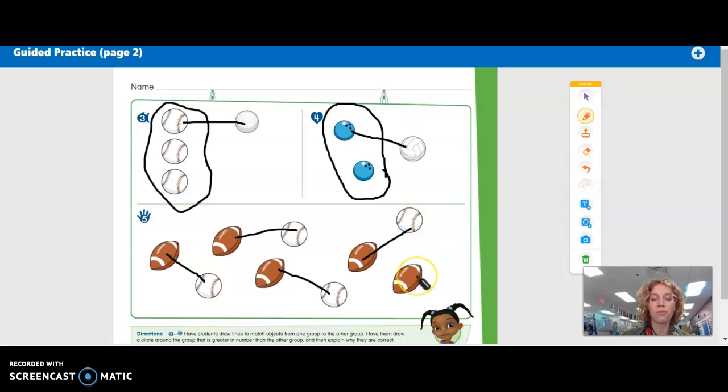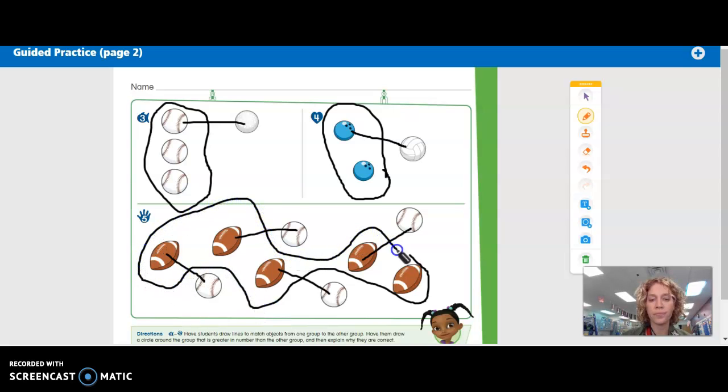There's no match for this. Whichever one has extras means that group is greater. Which group is greater? The footballs. So we need to circle them. Did you get that? Wonderful.